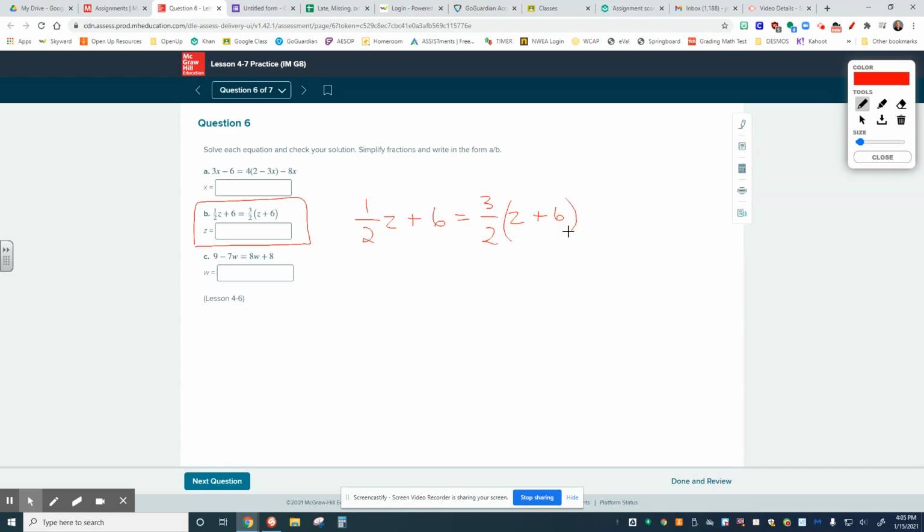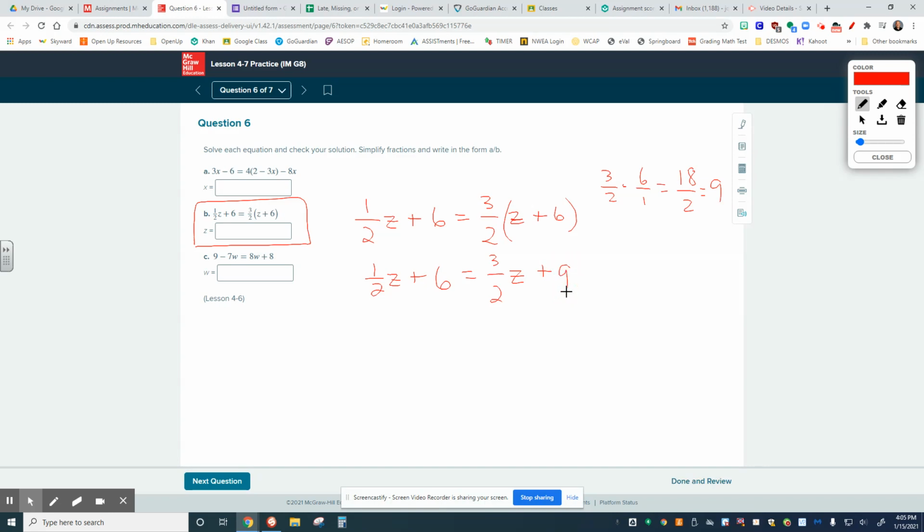Option number 1 is to solve like we normally do, distribute first, and then work off of that. So we have 1/2 of z plus 6, I'm going to put the line there because I don't want to mistake it for a 2, is equal to 3/2 of z plus, we know that 3/2 times 6 over 1 is 18/2 or 9. So this is plus 9.